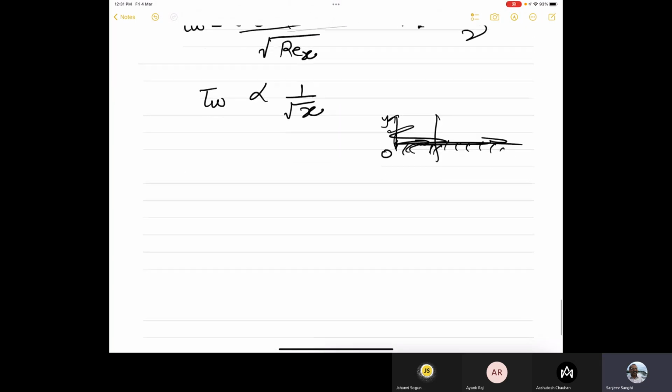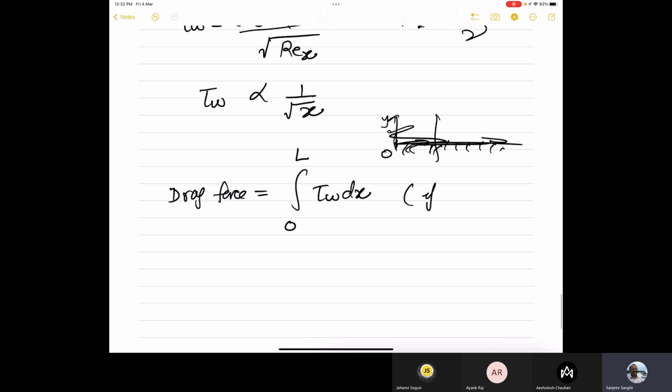Now, shear stress we have seen is proportional to 1 over root x, but the drag force on the plate will be given by integral of tau wall dx going from 0 to L, for flow on one side.